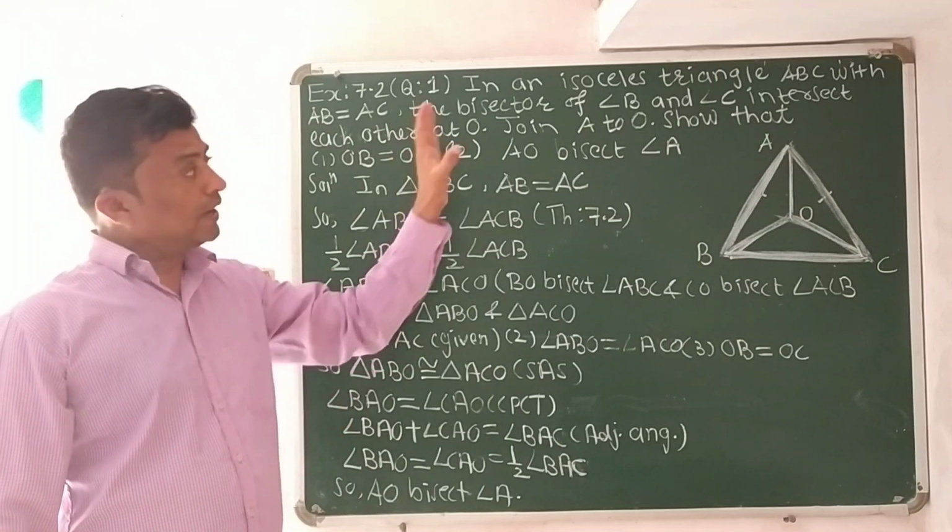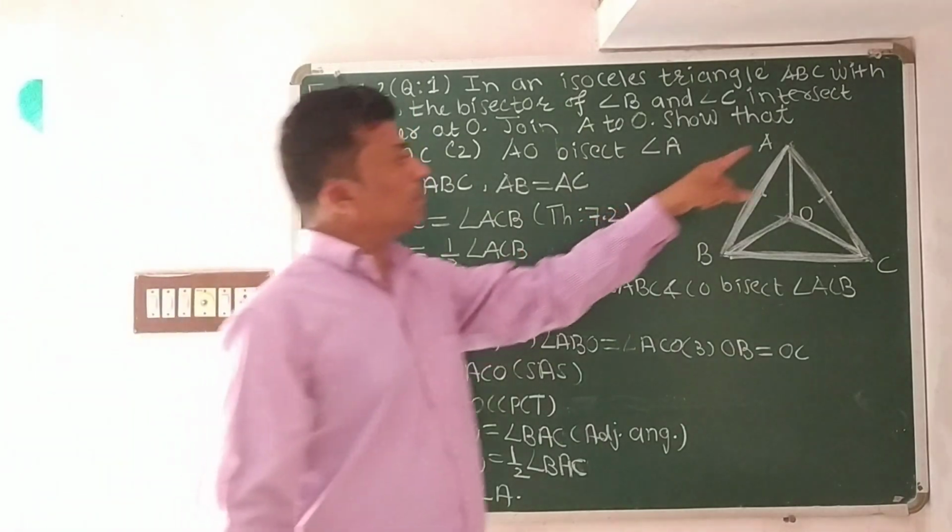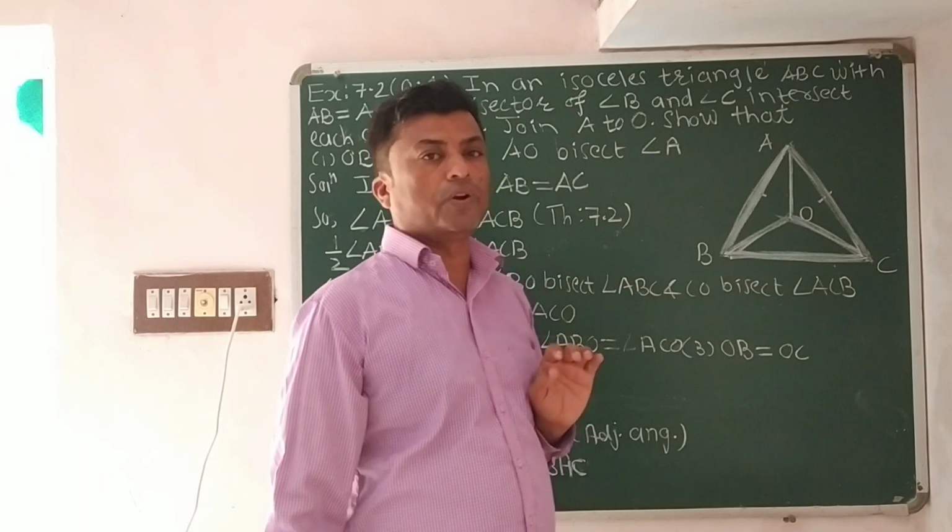Now see children, according to the question, the figure of triangle ABC is already drawn here.